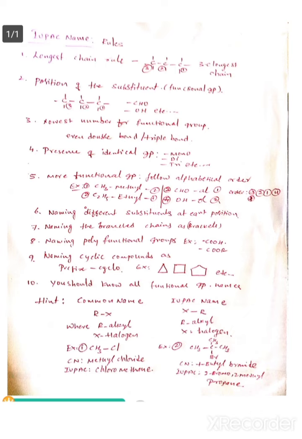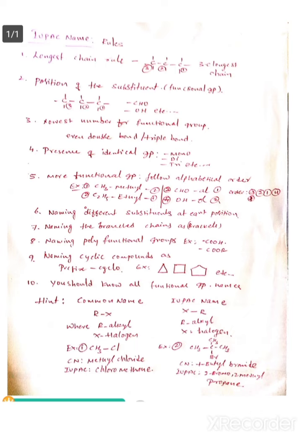You can see the first example, methyl chloride. This is the common name. Whenever you give a common name, follow RX: R is pronounced first, followed by the halogen. So I give the common name as methyl, which is R, and chloride, which is the halogen: methyl chloride.